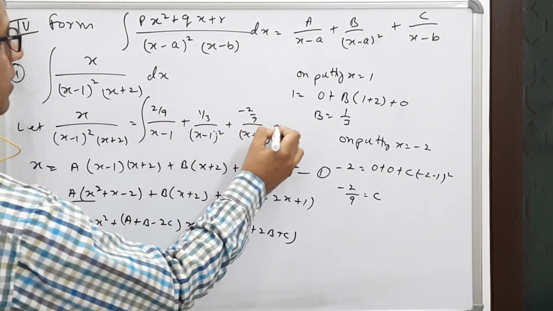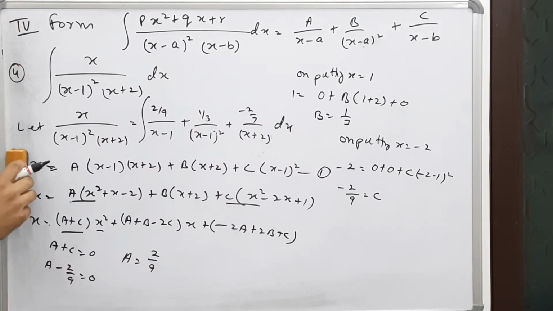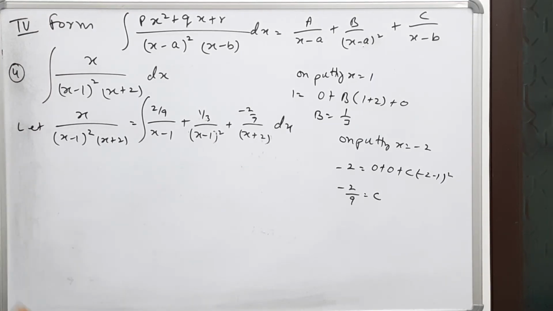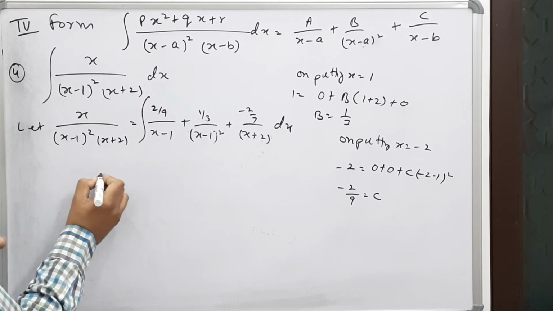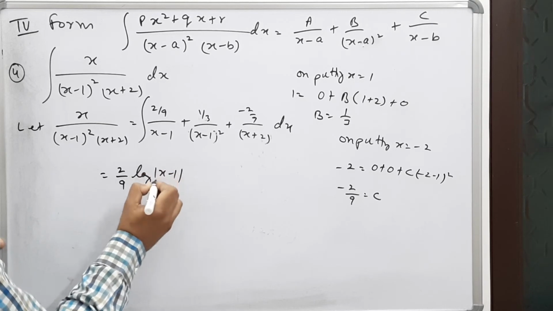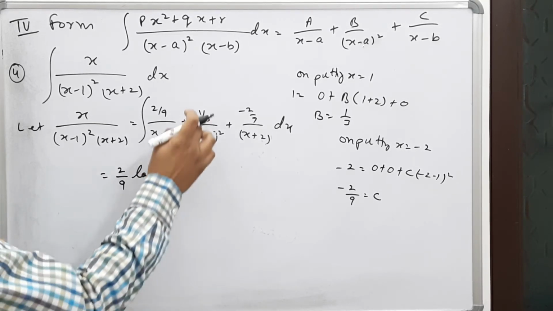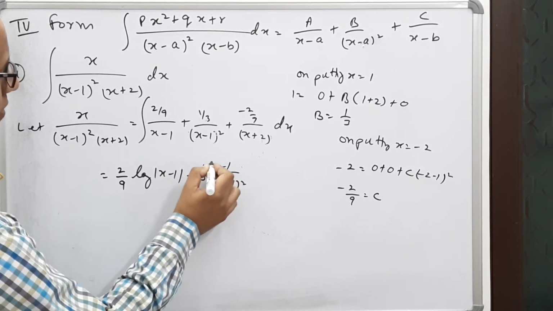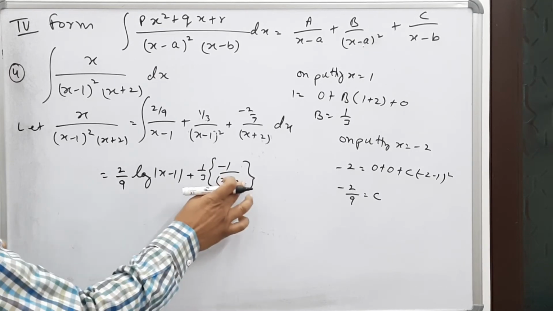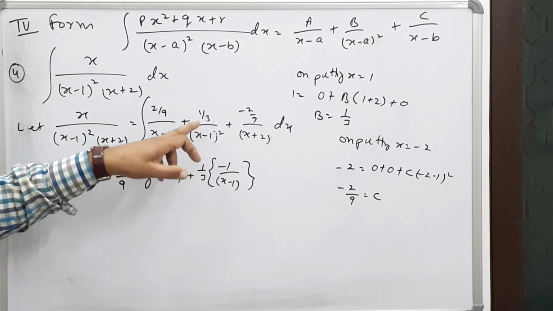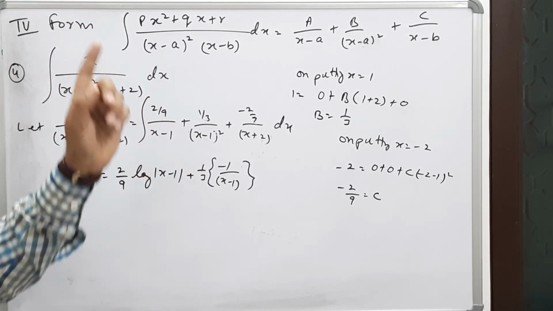And now we integrate this part. I hope this method is clear to you. So now you see the integration part. The integration is (2/9) log(x − 1) plus 1/3 times the integration of this, which I already explained earlier, that is −1/(x − 1), because the integration of 1/x² is −1/x.